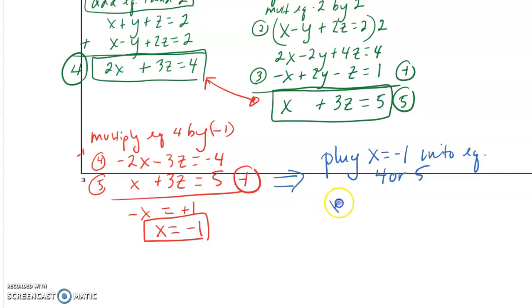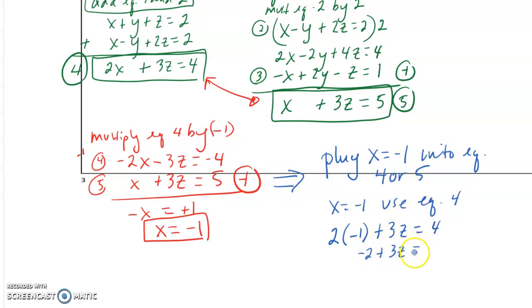I'm going to use equation 4. So I'm going to plug in 2 times negative 1 plus 3z equals 4. This is negative 2 plus 3z equals 4. I'm going to add 2 to both sides. z equals 2.